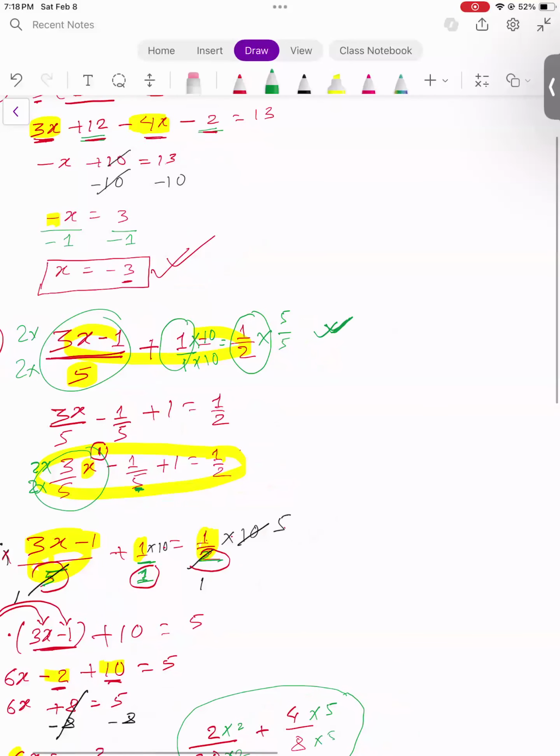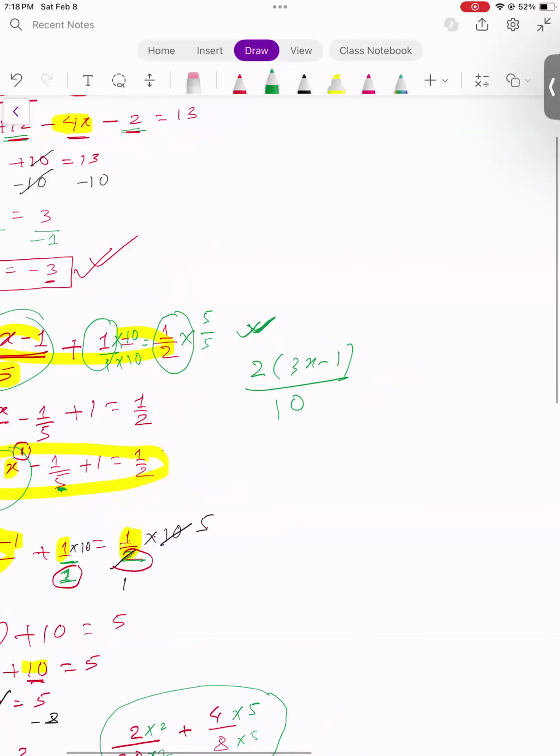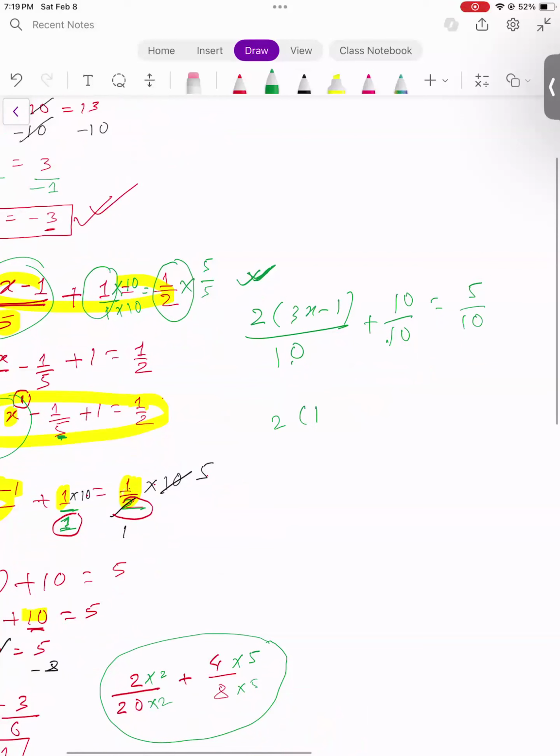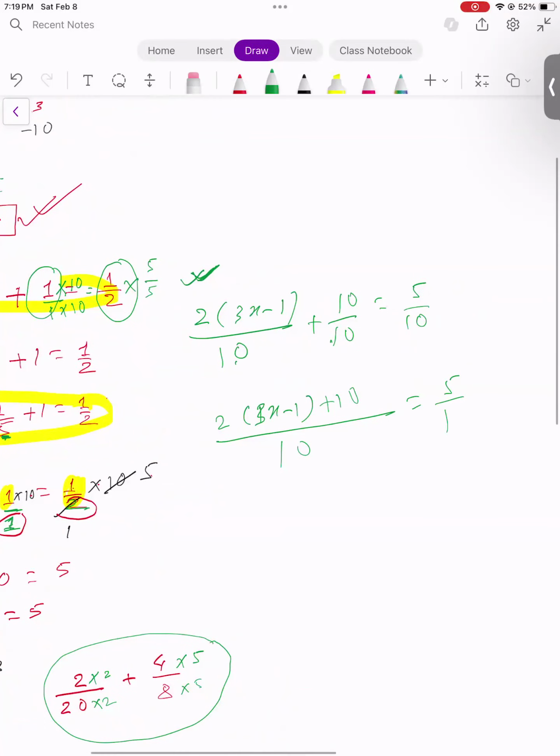Now here, we end up getting 2 times 3x minus 1 divided by 10, plus 10 divided by 10, equals 5 divided by 10. Now we have a common denominator. So this is 2 times 3x minus 1 plus 10, written together, equals 5 over 10.